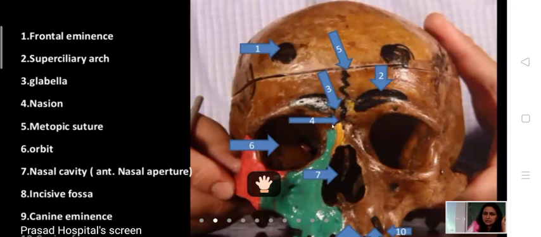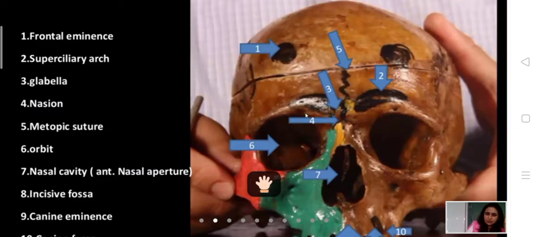According to the articulation, their suture names are frontonasal suture, frontomaxillary suture, and frontolacrimal suture.